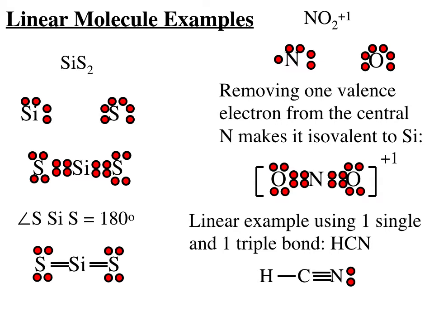So SiS2 is linear. Now, as a matter of fact, SiS2 is not such a common molecule, not nearly as common as CO2. That's the product of aerobic respiration, and it's also the reactant of plant photosynthesis.